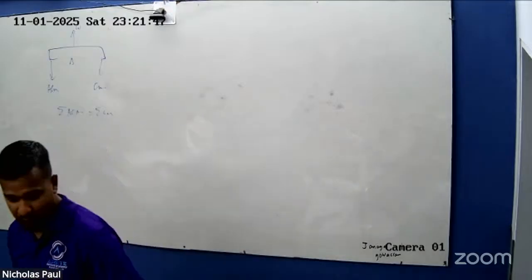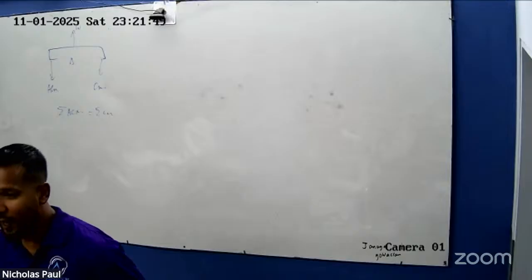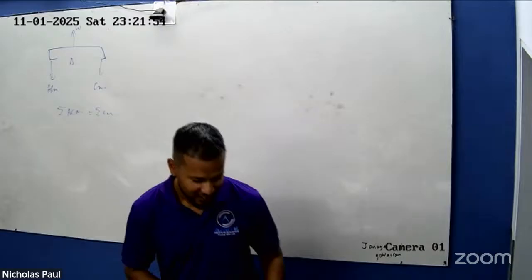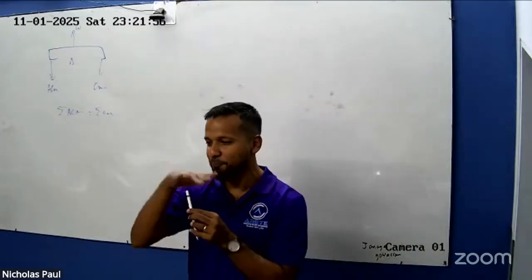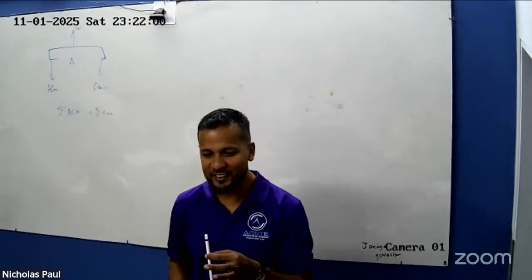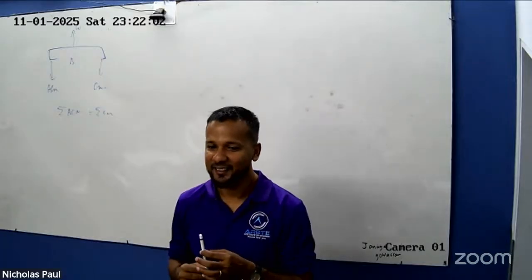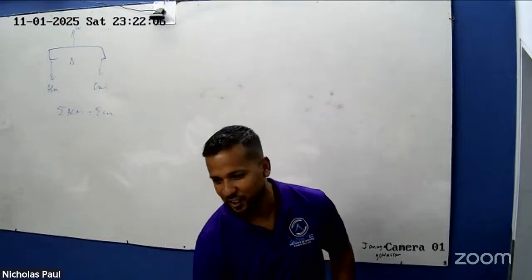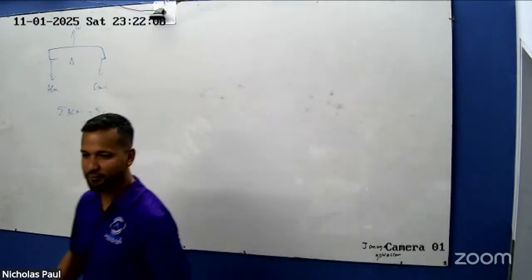Close to it, but ideally it should be done at a point. You should be able to take a pencil and balance your phone on it, but we won't do that. Ideally, you can take your finger and try to balance it there. If you get it, that's the center of gravity, because it's just one point.